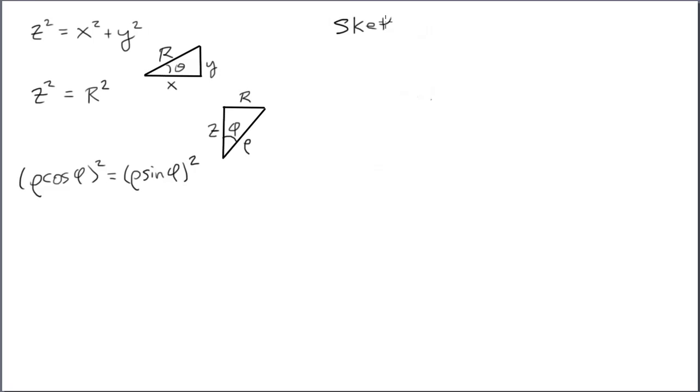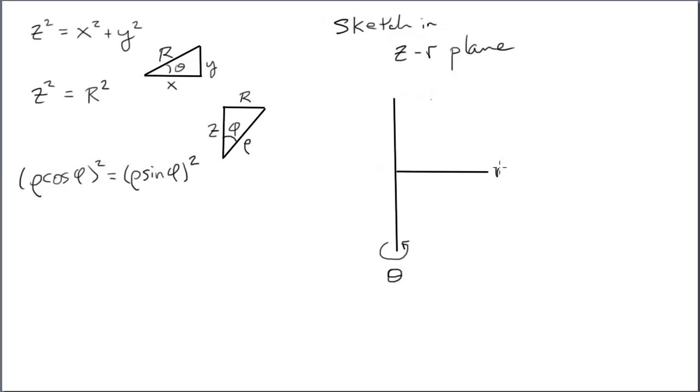There's no obvious way to isolate a variable, so I have to see what it looks like to try and break it into cases. The easiest way to look at it is the ZR plane. So I have my radial axis, my vertical axis that is spun around with theta.